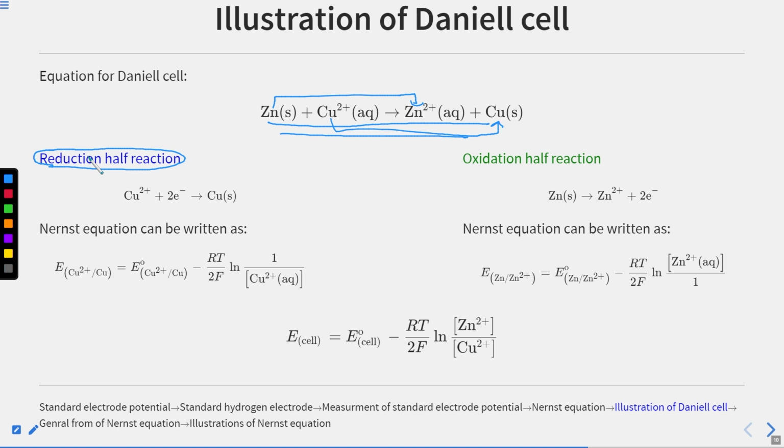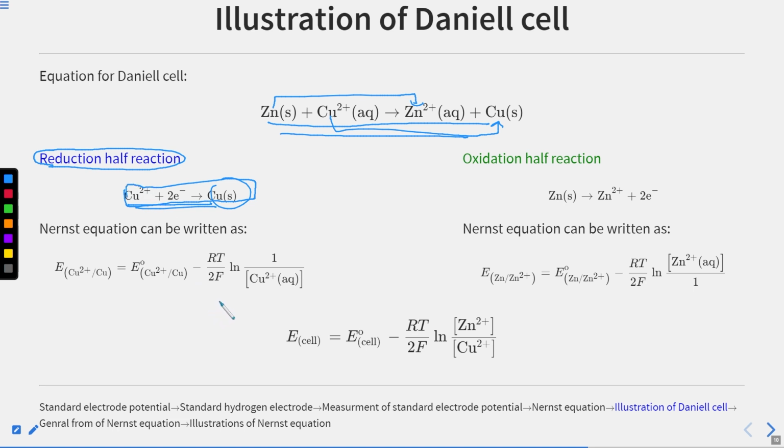If you write the reduction half cell reaction, it will be written in this way. Species getting reduced here is gaining 2 electrons, so I'm writing Cu2+ + 2e- going to Cu. A balanced equation: Cu2+ is going to Cu by gaining 2 electrons.